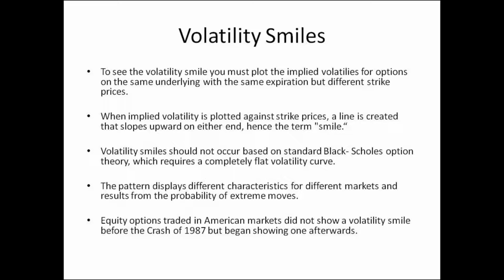And so what we do is we back out the implied volatility from each of these and we simply chart it. Now, when we do this, you will often or usually see a line that slopes upwards on either end, and thus it's referred to as the volatility smile.